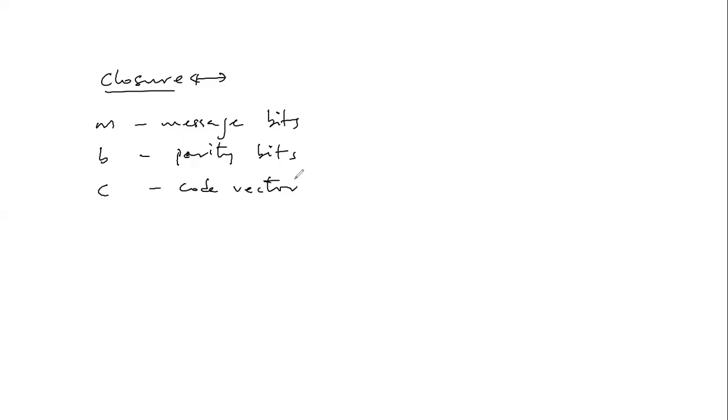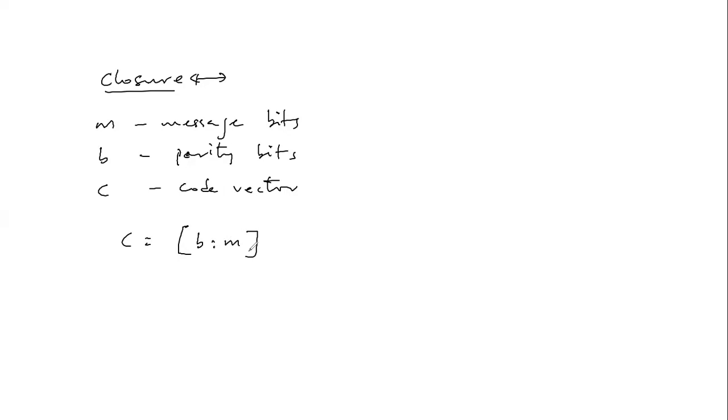In our previous note, we made mention that if we have M message bits and B parity bits, then the code vector C, as some will call it the code word, is given as the parity bits relative to the message bits.